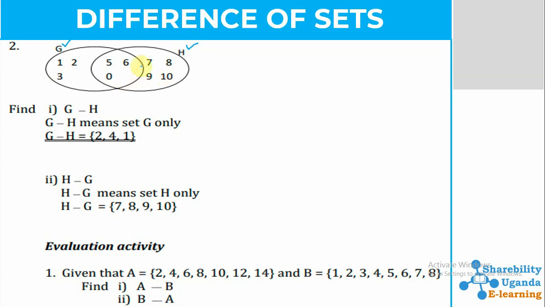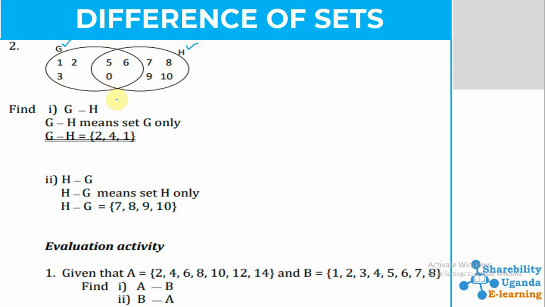So these members inside here are the members that are shared. Remember, our set G passes from here up to here, it moves from here up to there. Then also our set H moves from here up to here. It also includes these members. That means these members are both shared by set G and set H. So they are the members of intersection.